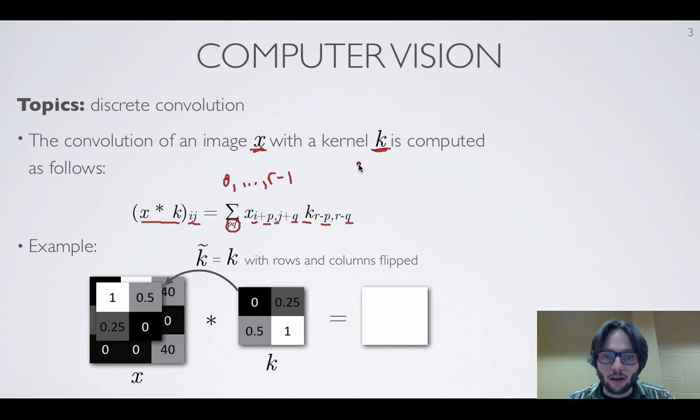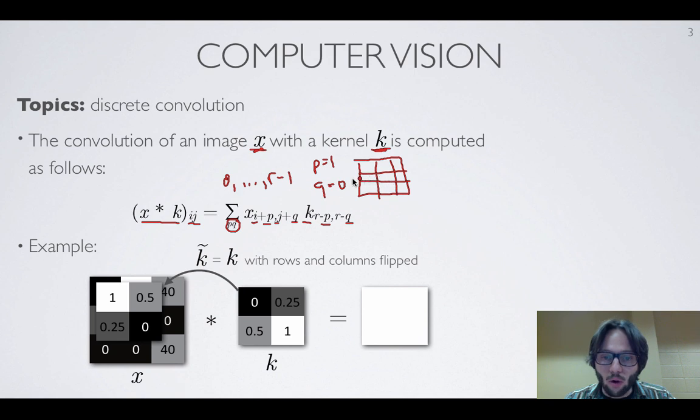So if I have a kernel matrix which is 3 by 3, and say P equals 1 and Q equals 0, then the element K, R minus P, R minus Q, where R is 3, P is 1, and Q is 0, would correspond to counting relative to the bottom right element of that matrix.